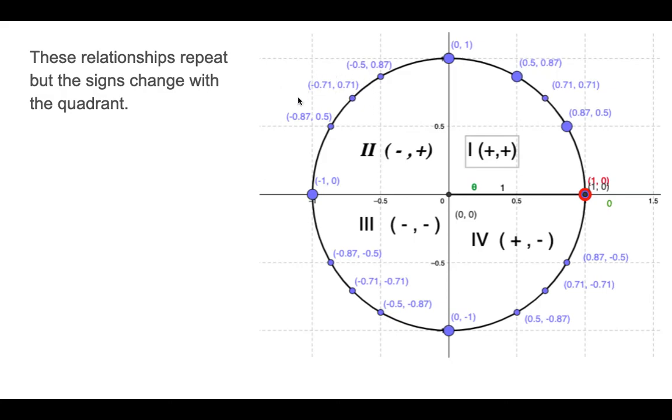And then these ones are always the same. The only thing that changes is the sign. So in the first quadrant, both of them are positive. Second quadrant, negative, positive. Third quadrant, both coordinates are negative. And in the fourth quadrant, the x-coordinate is positive and the y-coordinate is negative.